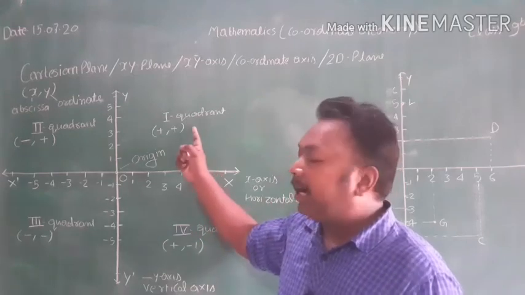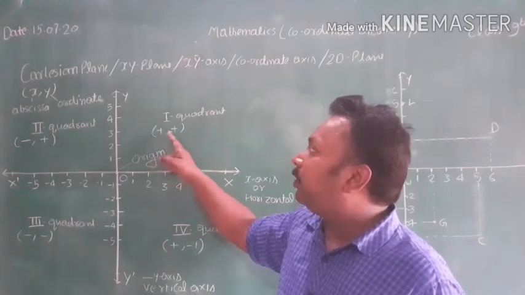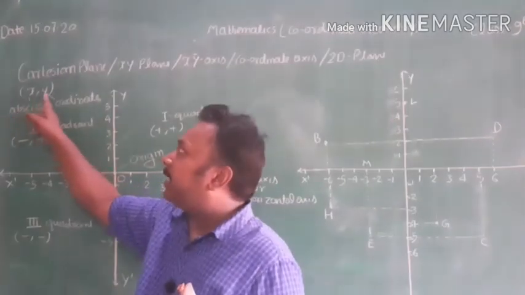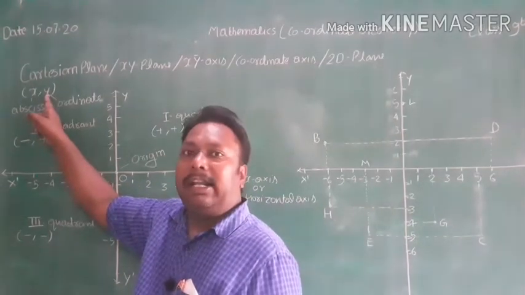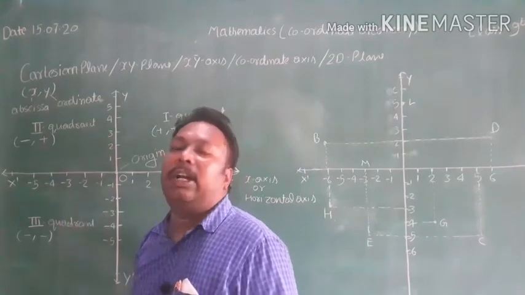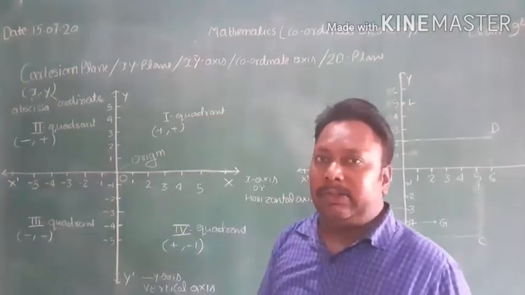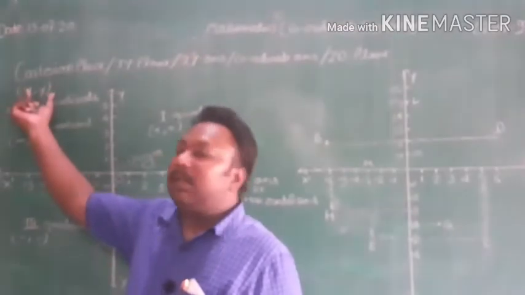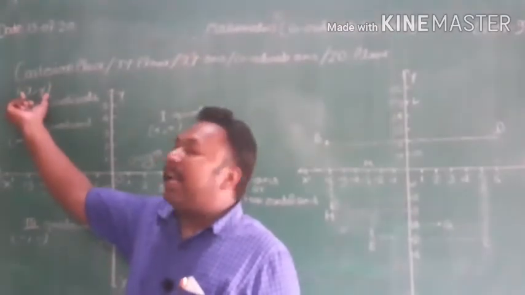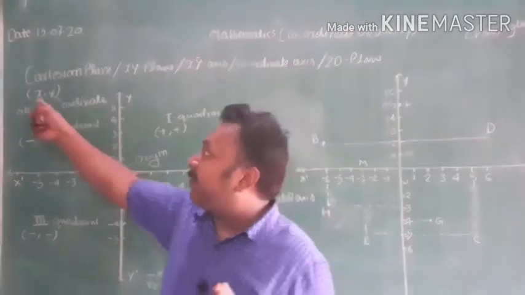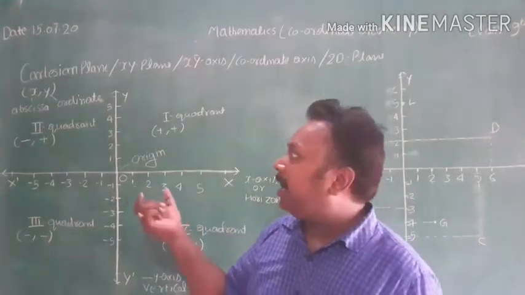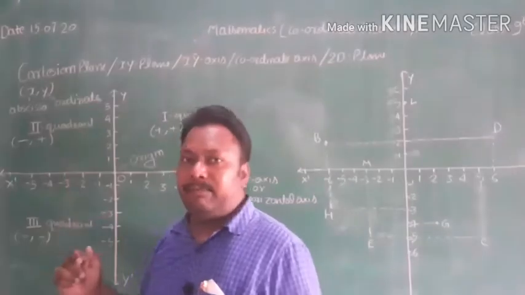In the first quadrant, both signs are positive. First one is called abscissa and second one is called ordinate and the whole is called coordinate. So (x, y) is the coordinate of any point, and x is called abscissa and y is called ordinate and combined (x, y) is called coordinate.